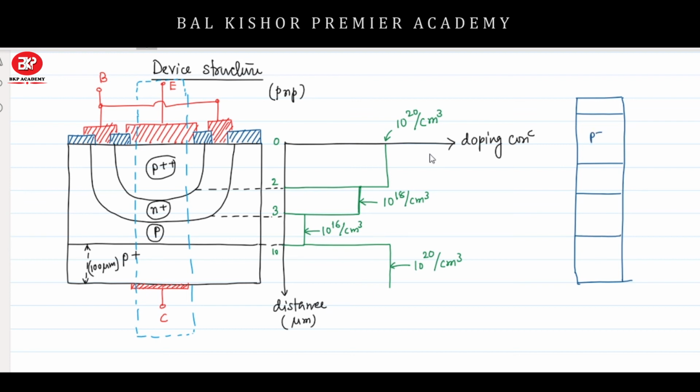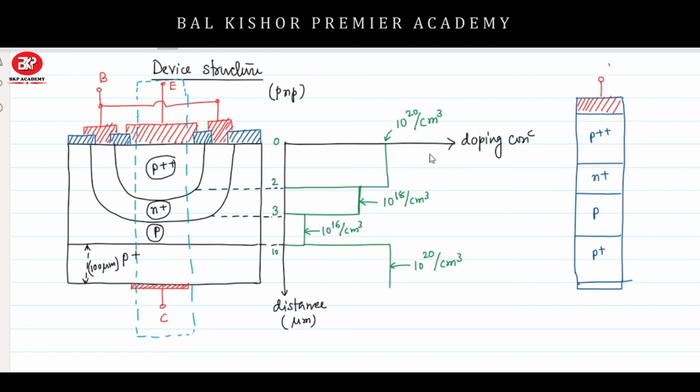So this is the P plus plus region. This is the N plus region. This is the P region. This is the P plus region. And here there will be a metal contact. So this is the metal contact.